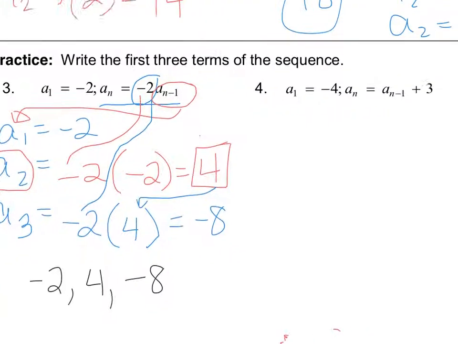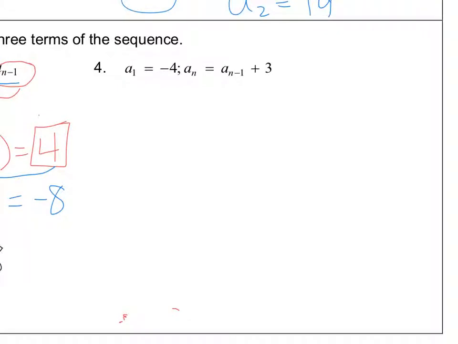Okay, let's try it again with number 4. When I'm looking at my recursive formula, I can see that I'm adding 3 here at the end. So I know it's an arithmetic formula. I'm adding 3 to the term before. So my first term equals negative 4. Now I want to write my second term.